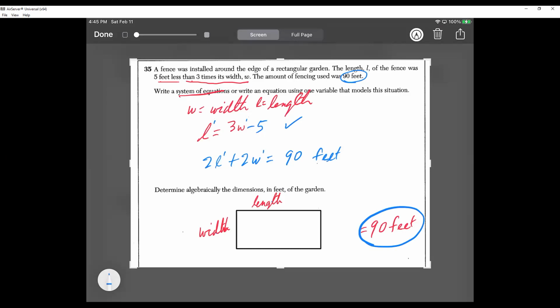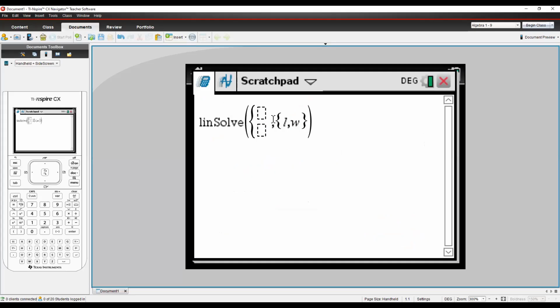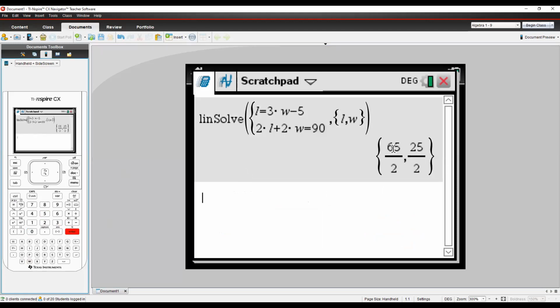So let's go back to the calculator. L equals 3 times W, 3W minus 5. That's 1. And then the other one is 2L plus 2W equals 90. All you have to do is press enter, and it gives us 2 fractions. But I don't think we want those as fractions, so let's convert them.